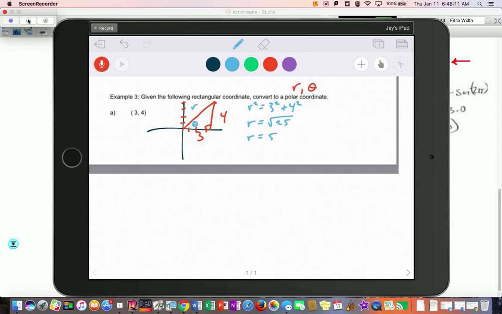You certainly can use any trig function to find theta, but the given were my opposite and adjacent. So I'm going to do tangent. So tangent of theta equals opposite over adjacent. Inverse tangent on both sides. And theta will be, so let's go over to the calculator.